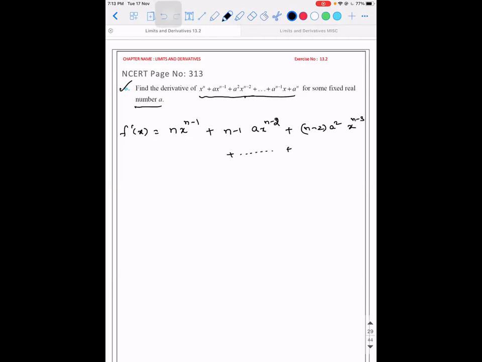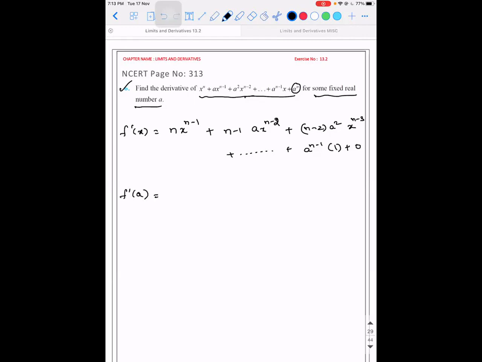plus so on. What will be the derivative of the last but one term, that is a power n minus 1 into derivative of x is 1, plus derivative of a power n is 0. Okay. So this is the final answer, but they told for some fixed real number a.